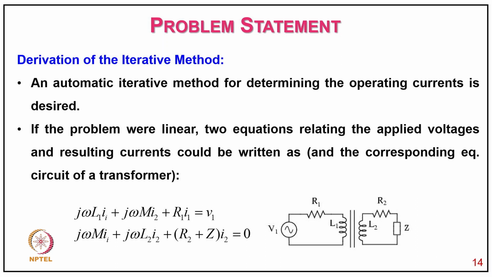Two equations relating the applied voltage and resulting current will be written, corresponding to the equivalent circuit parameters shown in the circuit: j omega L1 I1 plus j omega M I2 plus R1 I1 equal to V1, and j omega M I1 plus j omega L2 I2 plus (R2 plus Z) I2 equal to 0.